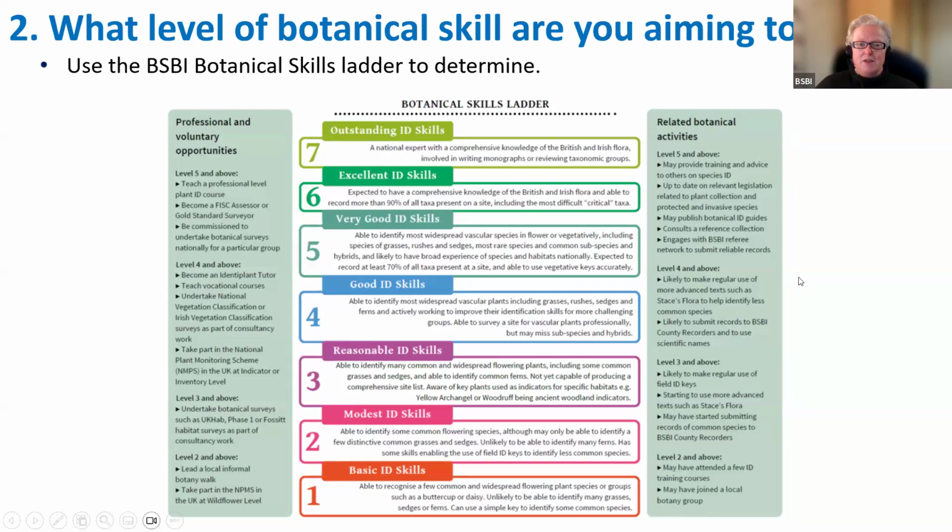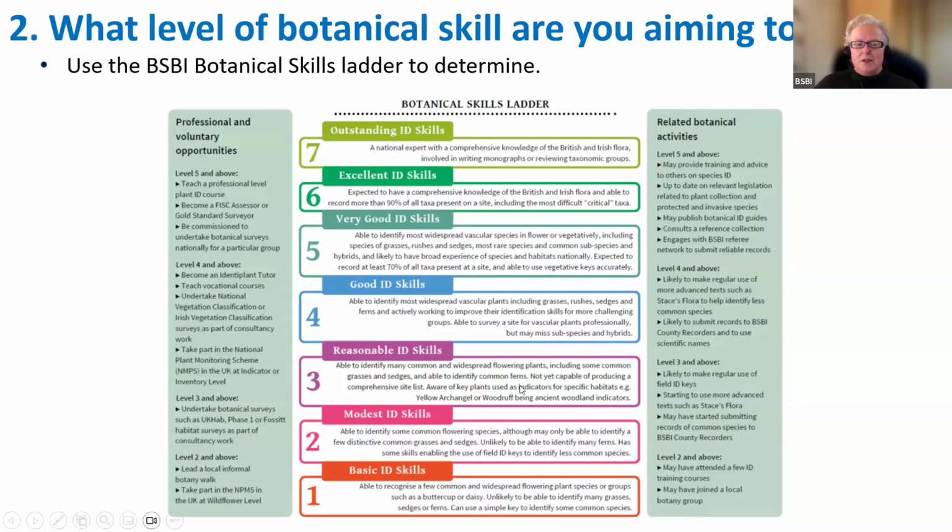This is just one page from the leaflet, So You Want to Know Your Plants, which gives really clear and interesting descriptions of all the different levels that are in the botanical skills ladder. They're really quite comprehensive and a really good resource for determining what level you want to produce a workshop or a training event or a field event for.